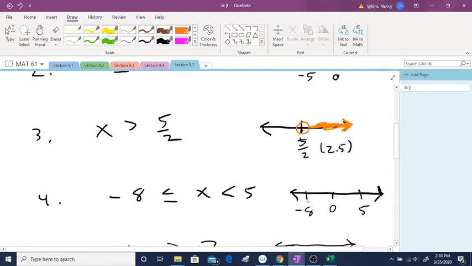So how do we write this? Well, the -8 is included, so we put a closed circle because the symbol is less than or equal to. And now my 5 is going to be an open circle. And now we're just going to fill it right in. So that means any number from -8 up to 5.